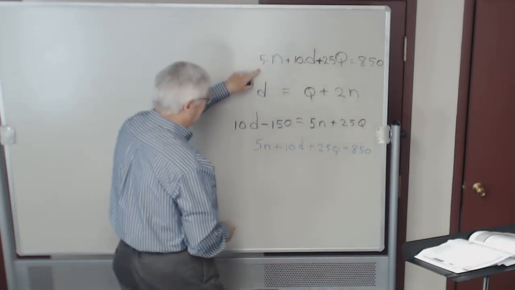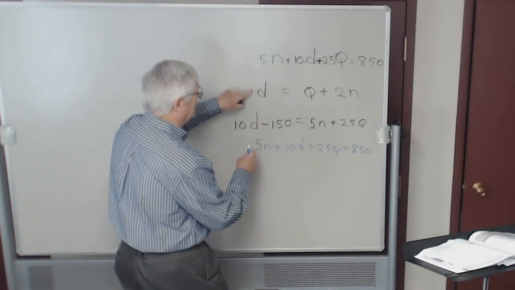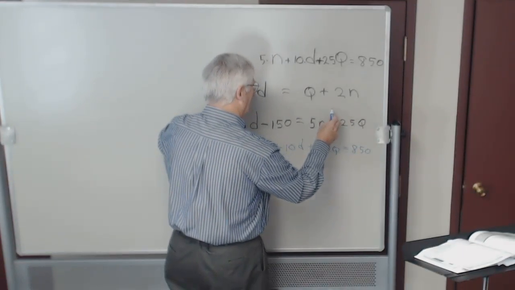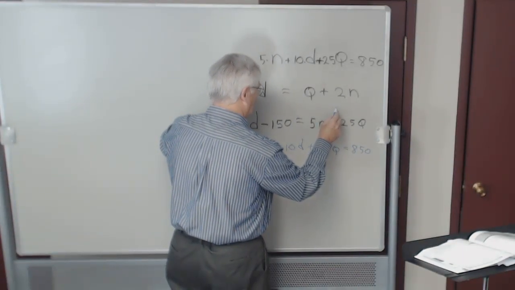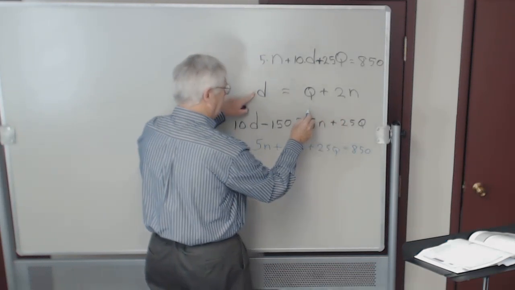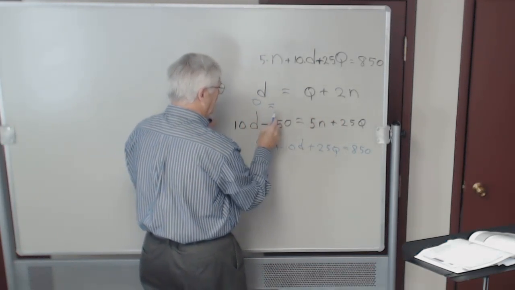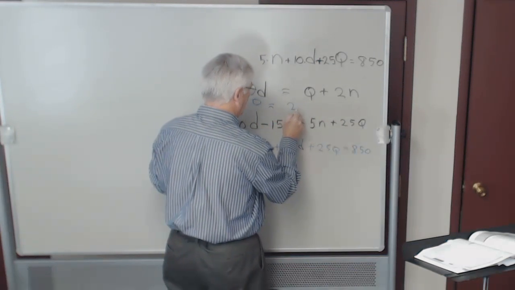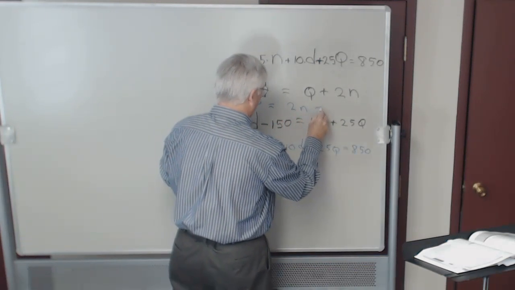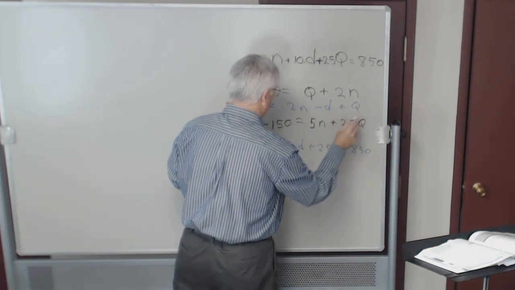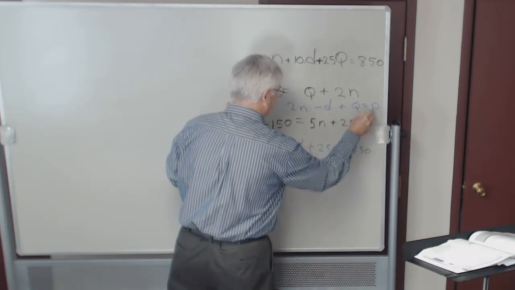Okay, that's good enough. Okay, what do I do here? I want nickels, dimes, and quarters. Let's see, how about if I did this? Make it equal to 0, then that would be 2n minus d plus q equals 0.